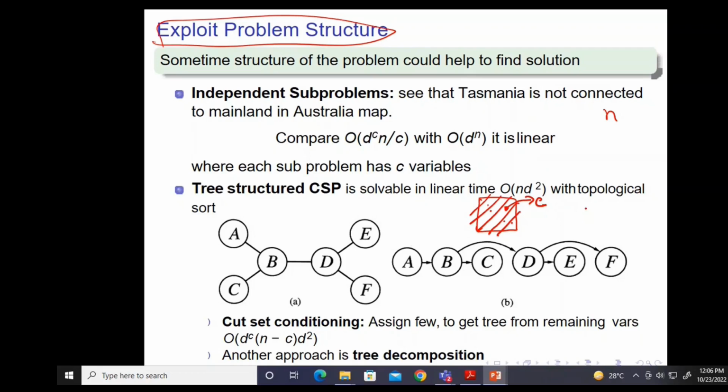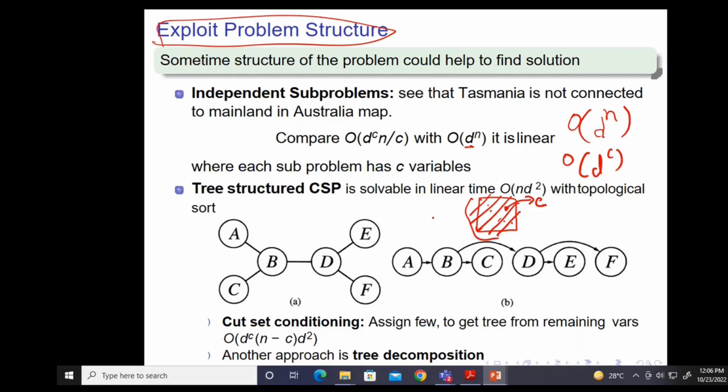If you are going to explore the things to depth d, earlier you needed order of n to the power d items. But right now, if your problem statement has only C variables, you have to do this much exploration only.